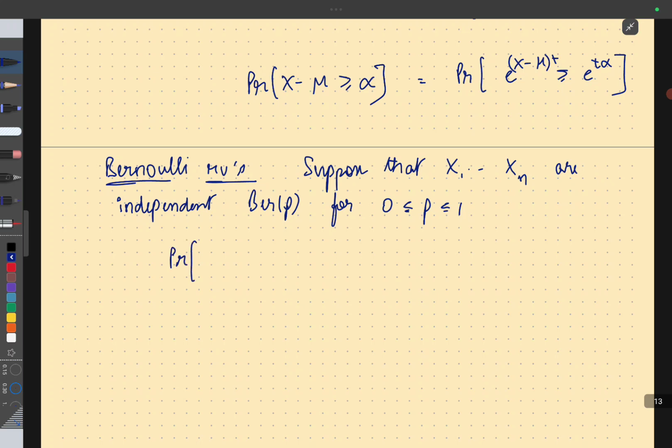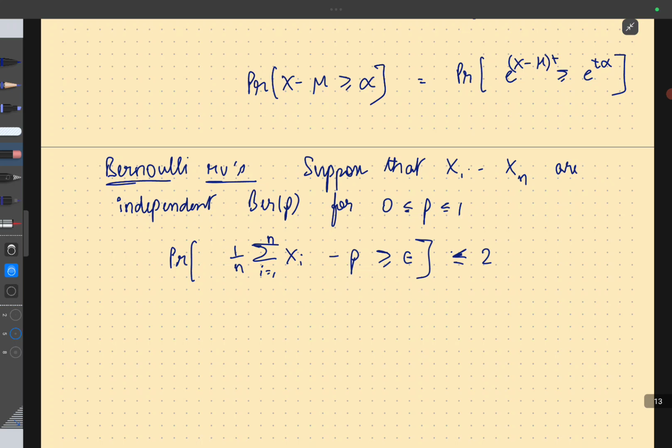Right. So the probability that the quantity 1 over n summation i equal to 1 to n xi minus p deviates by an amount epsilon is less than or equal to 2 times, or let me explicitly mention both bounds. So let's look at one of the tail bounds.